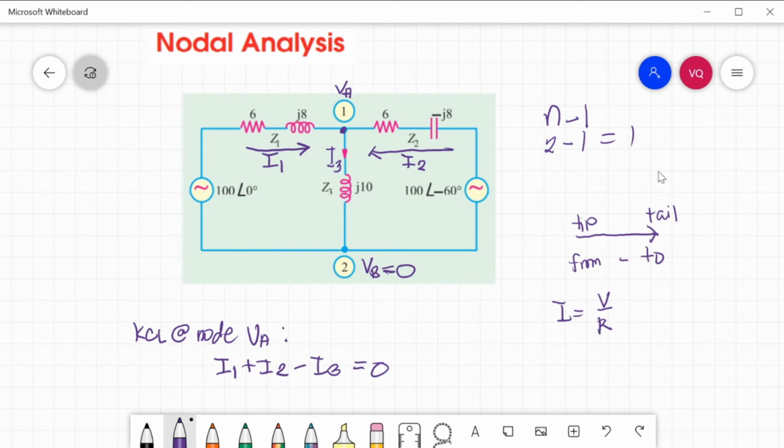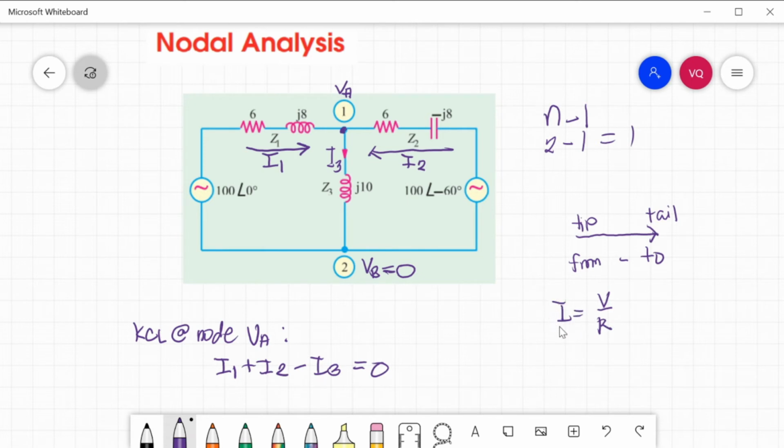Now, we will consider the direction of current in formulating the equations of our branch currents. This is the tip of the direction of current, and this will be the tail. So this will be from minus 2.